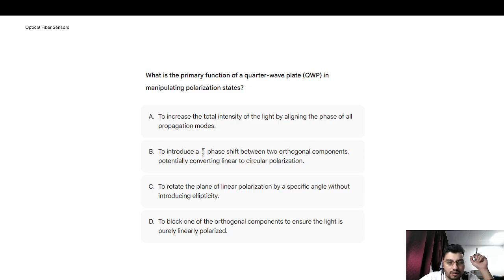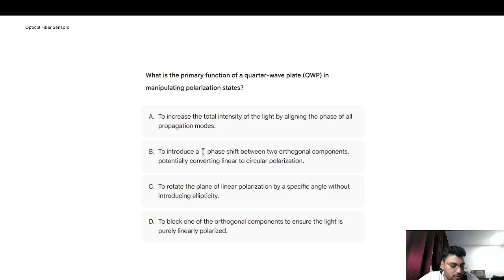Option C, to rotate the plane of linear polarization by a specific angle without introducing ellipticity. And D, to block one of the orthogonal components to ensure the light is purely linearly polarized. Which is the answer? Option B, sir. B. D or B? B, sir. Pi by 2 phase.